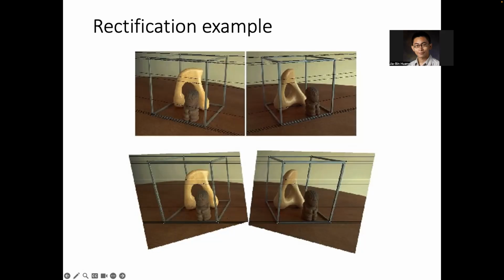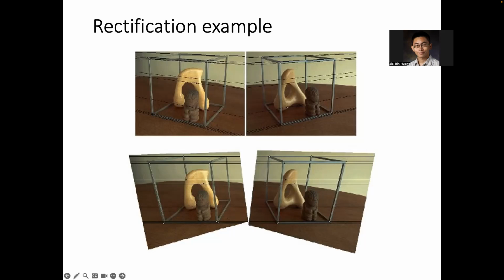Previously, we said that if I have a 2D position in image one, and I know the corresponding point must be on a line on image two, that is where the epipolar constraint comes in. And if the images are parallel to each other, with no rotations between them, then that epipolar line becomes a horizontal scan line.